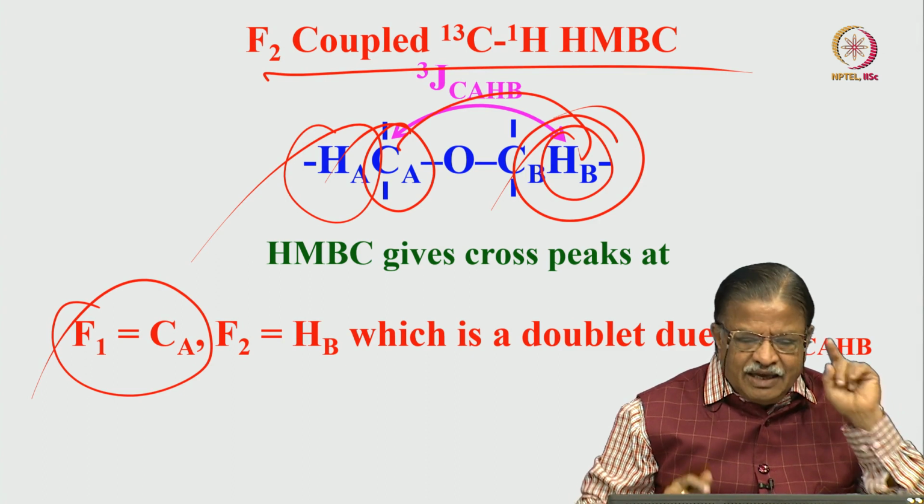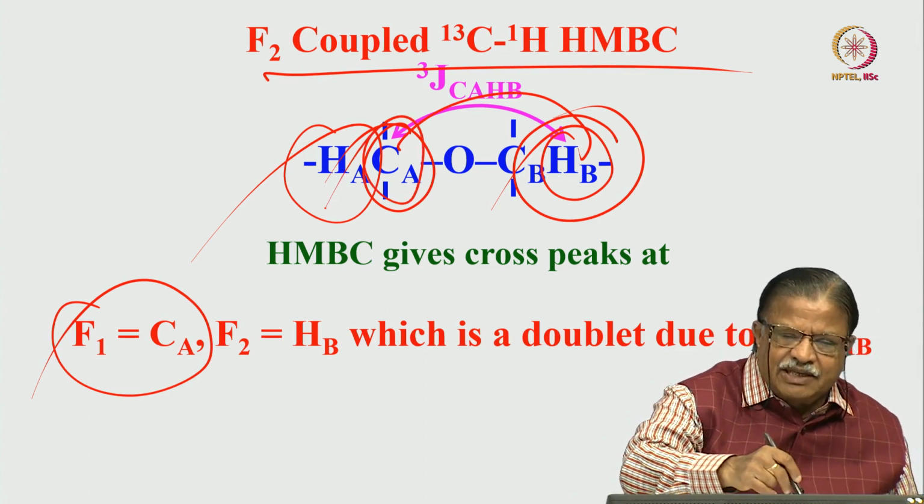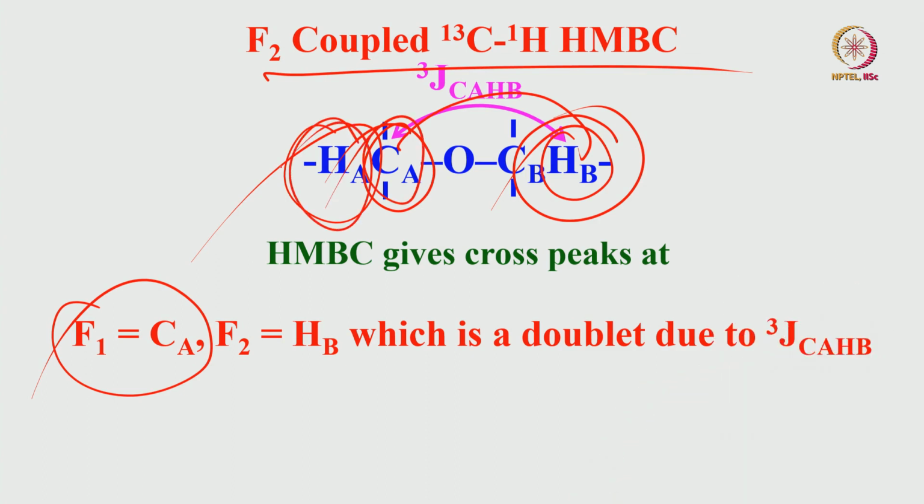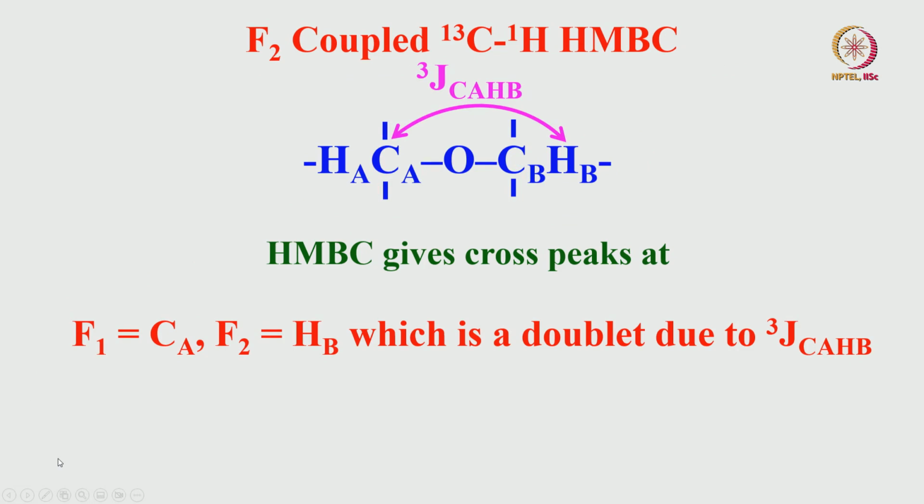In HSQC, it is the carbon chemical shift and the same proton chemical shift which is attached to it. Whereas in the HMBC, if you look at the carbon chemical shift of A, it gives correlation to a proton which is 2 or 3 bonds away. Here 3J CAHB is there.